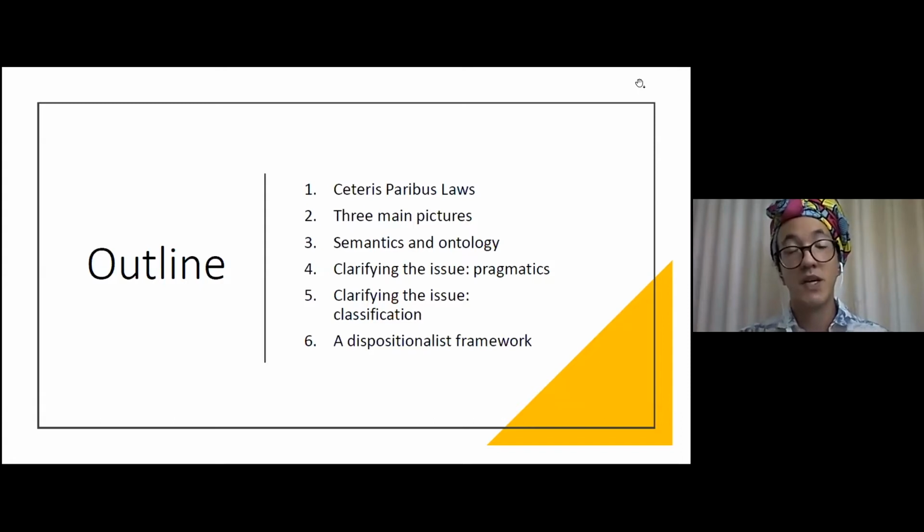Because in great part of the debate about these laws in philosophy of science, philosophers take Ceteris Paribus laws as one simple kind of law, and there are various kinds of Ceteris Paribus laws, and we have to account for these differences.